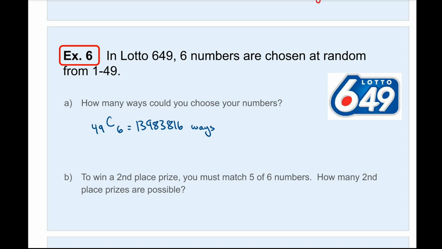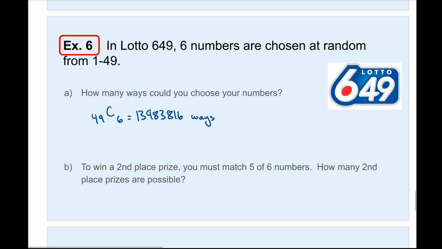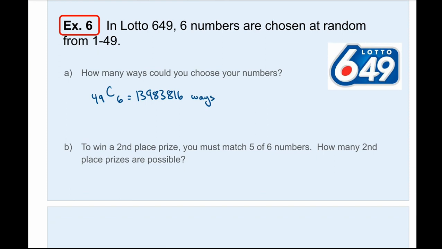B, to win a second place prize, you must match 5 of 6 numbers. How many second place prizes are possible? So here we have to think of it in 2 parts, because the main thing is we must match 5 of 6 numbers.